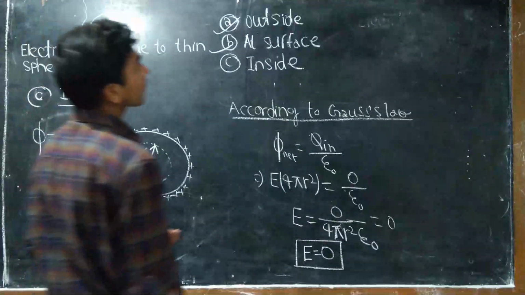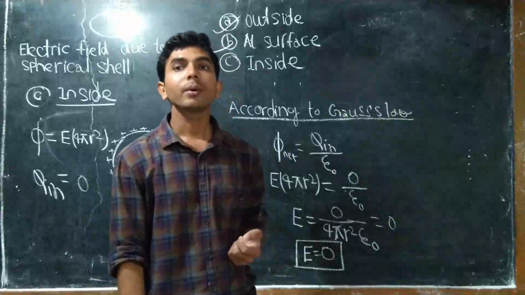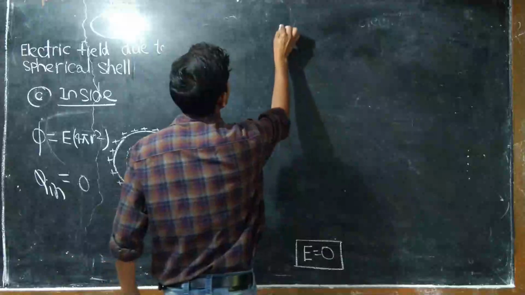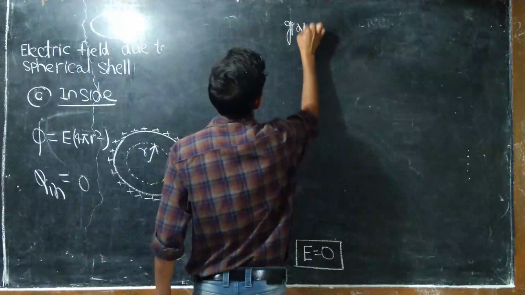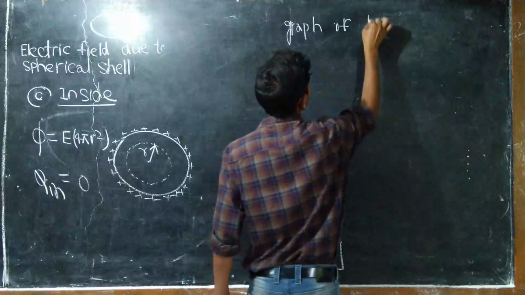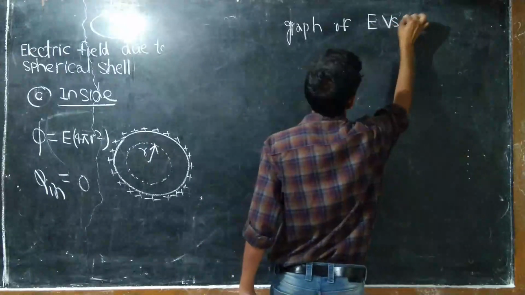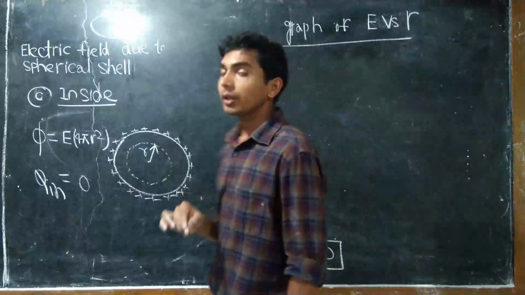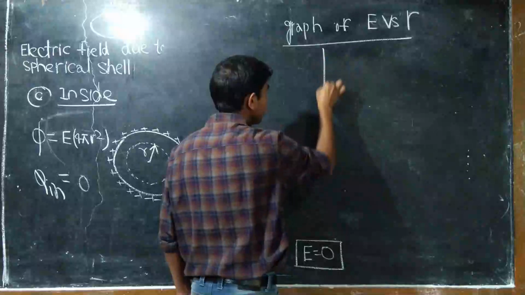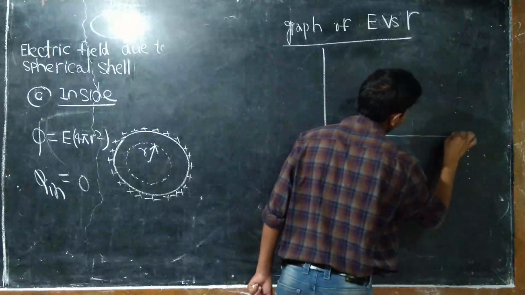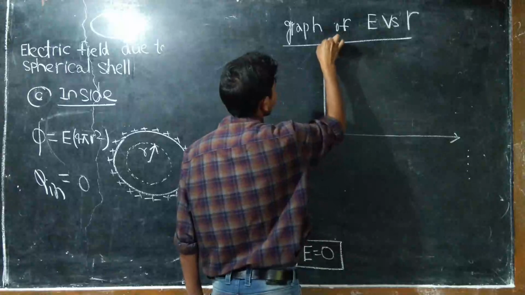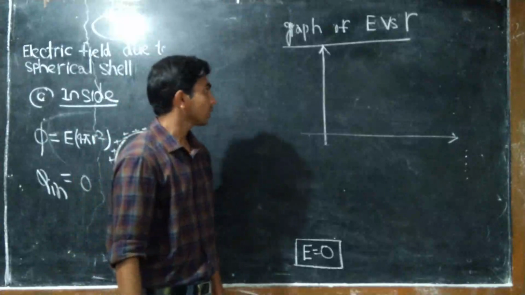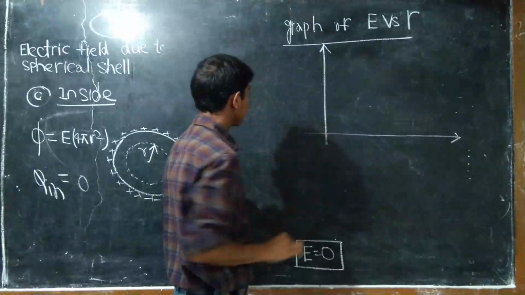Now I'm going to draw the graph of E versus R. Suppose I take electric field on the y-axis and R on the x-axis.